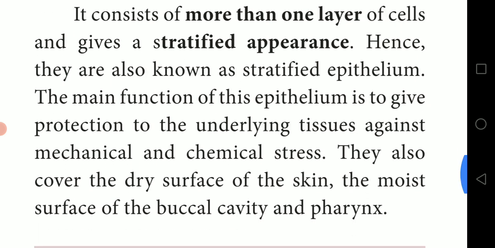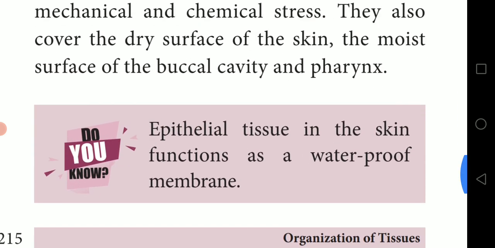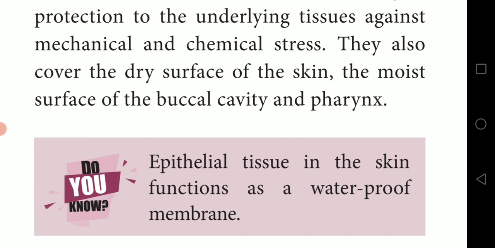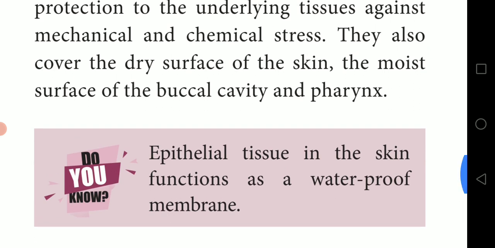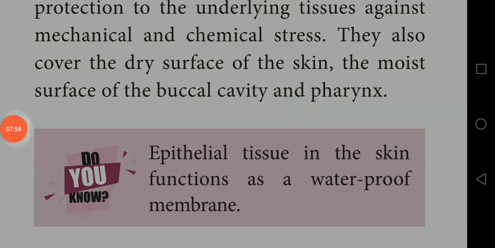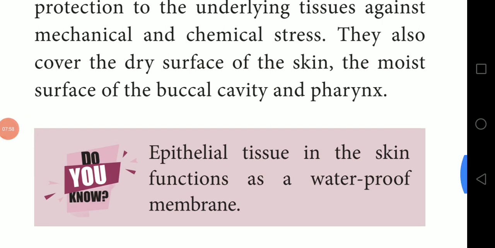In these parts, compound epithelia are present. Here is a small piece of information: epithelial tissues in the skin function as a waterproof membrane. They may ask you for one word, which is epithelial tissues. Just note it down, it is important.